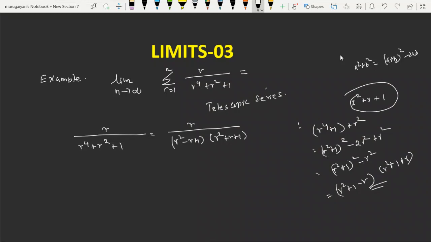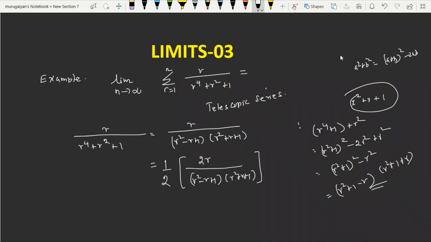And one more thing, what is the difference of the denominators? r square cancels and plus 1 cancels, so the difference equals 2r. So we can adjust 1 by 2, 2r by r square minus r plus 1, r square plus r plus 1.